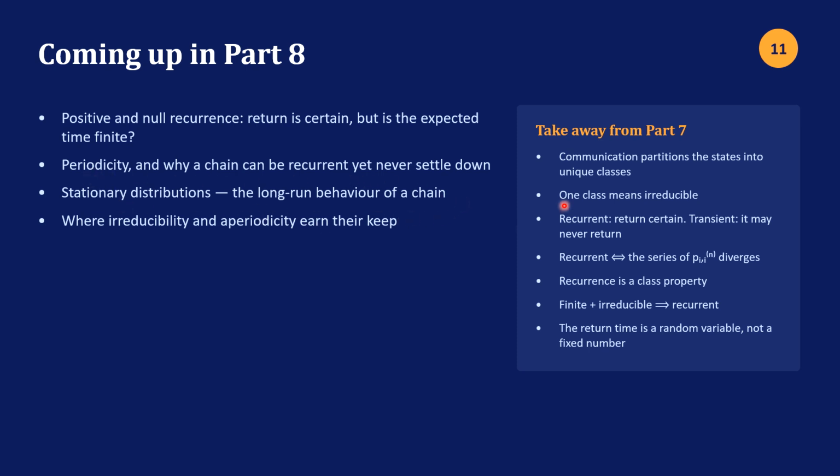And this is useful in queuing theory, where you may want to know what are the probabilities that your queue is in these different states. Where irreducibility and aperiodicity earn their keep, so we'll talk more about that in the next lesson.